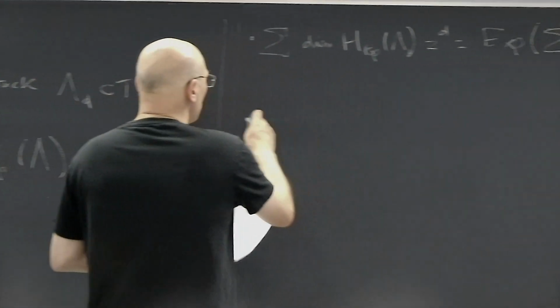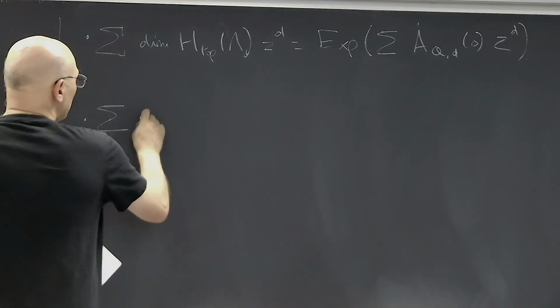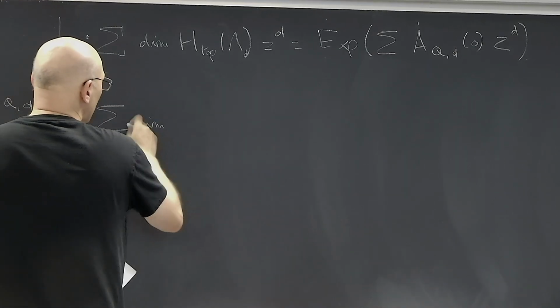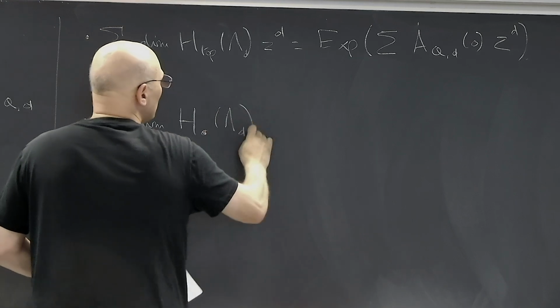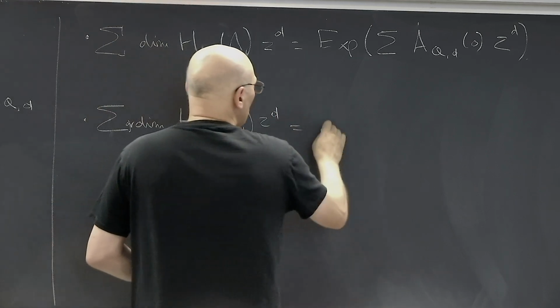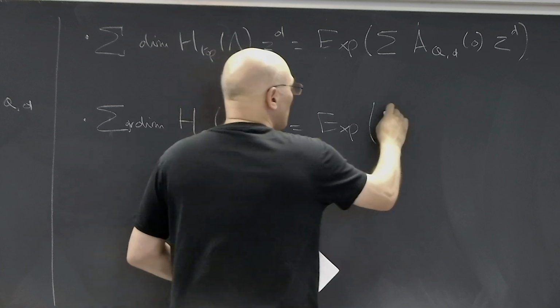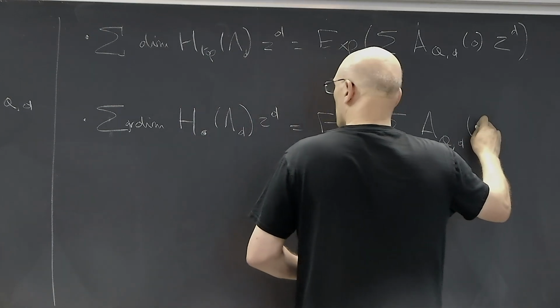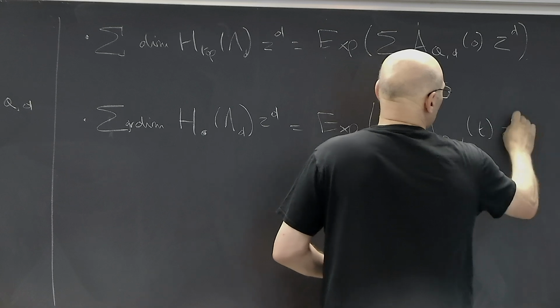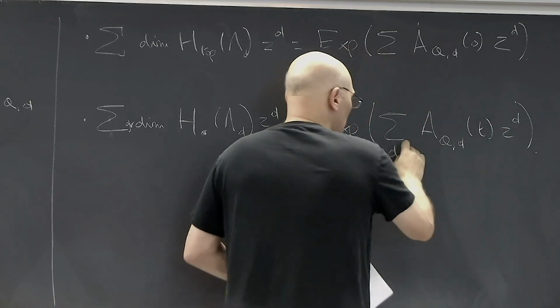But what is more surprising is that now I take the graded dimension of the entire homology of Lambda D, z to the d, and then I recover the full Katz polynomial.